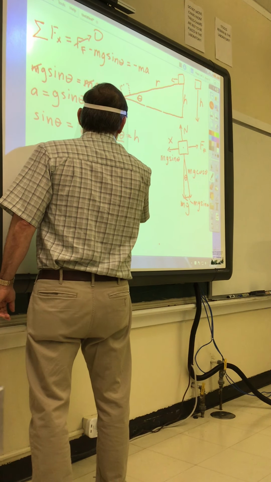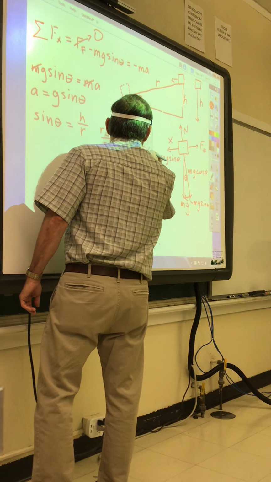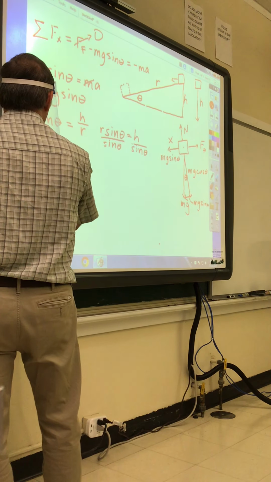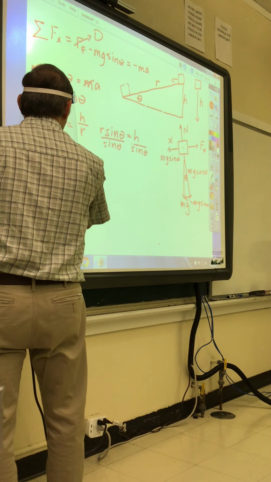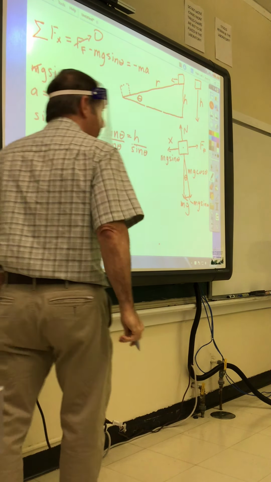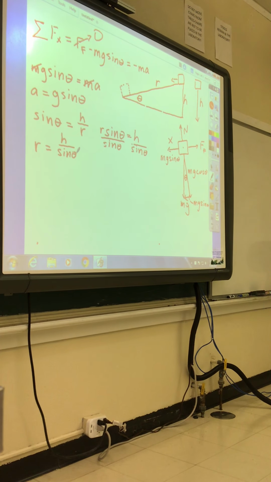That's what I want. The reason I do that gives me the expression for R. That's equal to H over sine theta. So what I've done is I've set this up, looking at all the force terms and the geometric terms. Now let's introduce our kinematics.